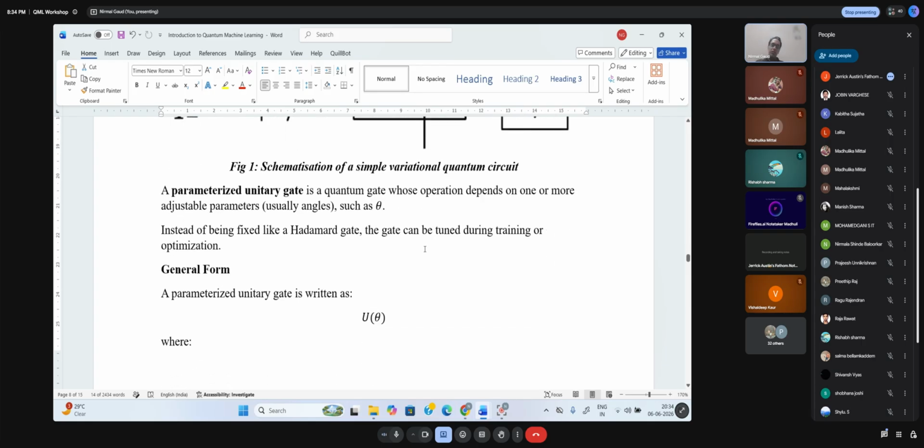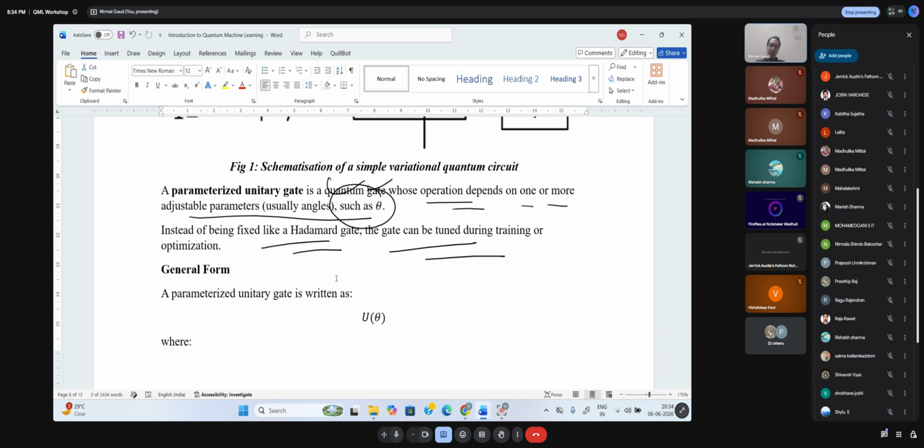What is this unitary gate U? It is a quantum gate whose operation depends on one or more adjustable parameters, for example, an angle. Instead of being a fixed Hadamard gate, I will let you know what a Hadamard gate is. The gate can be tuned during training or optimization.